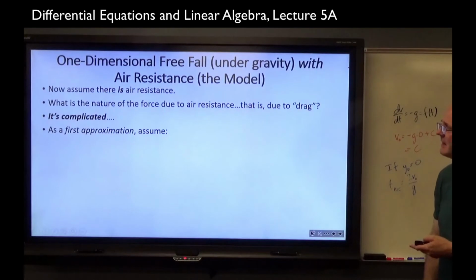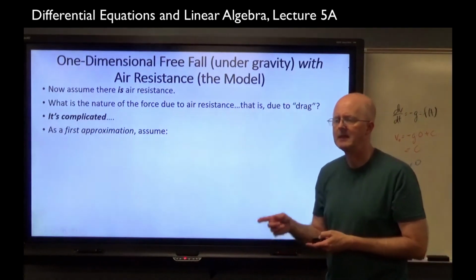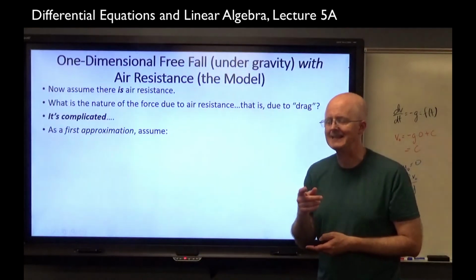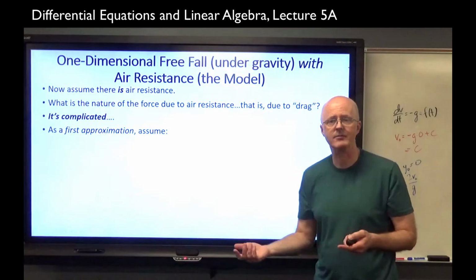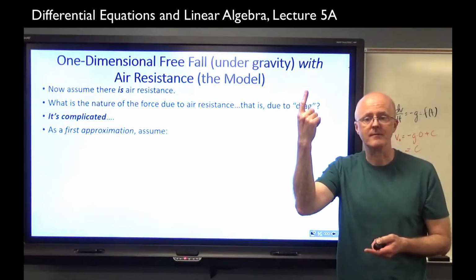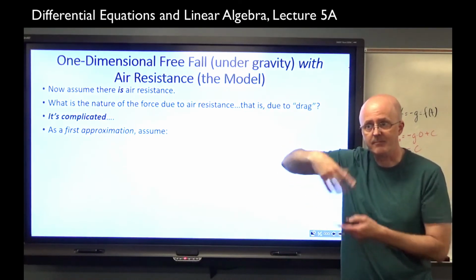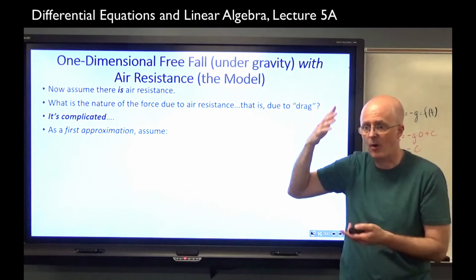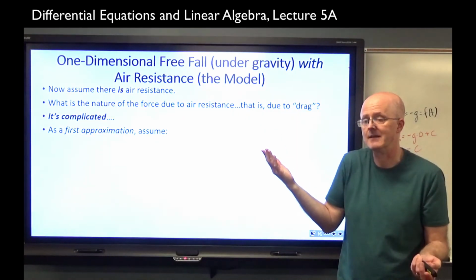As a first approximation, let's assume the force due to air resistance is proportional to the velocity and in the opposite direction. If it's a positive velocity, the object's moving upward, the force due to air resistance is going to be downward. And the bigger the velocity is, the more wind the object feels, so to speak, the bigger the air resistance should be.